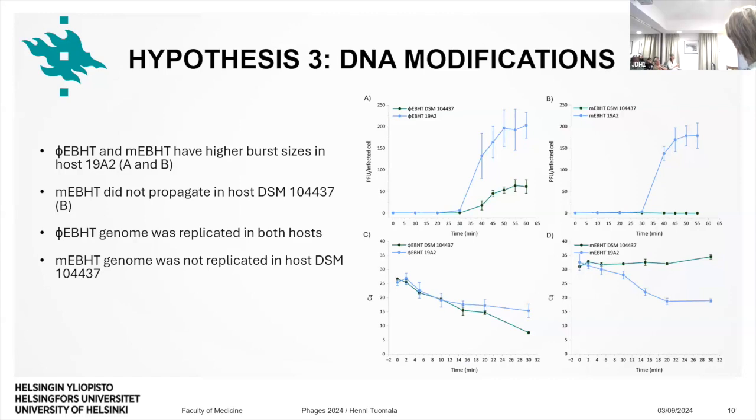We did one-step growth curves, as shown in images A and B. The burst sizes are much higher in the alternative host 19A2 for both phage variants, and it is quite clear that no new MEBHD particles are produced in the original isolation host.